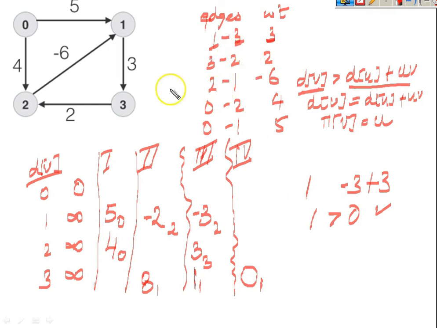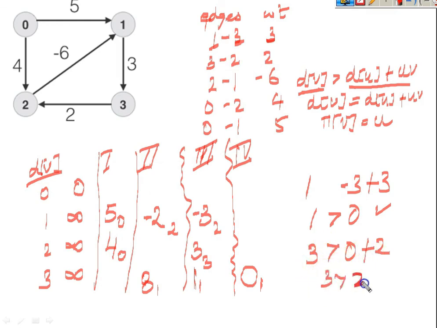Now again we will apply the same procedure, 3 to 2. So I am using this right-hand side. The d value of 3 is 0 plus uv is 2, and the d value of v, that is the d value of 2 here, is 3. You can see that 3 is more than 2.